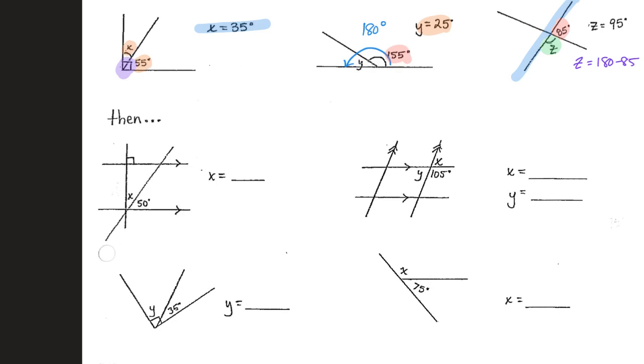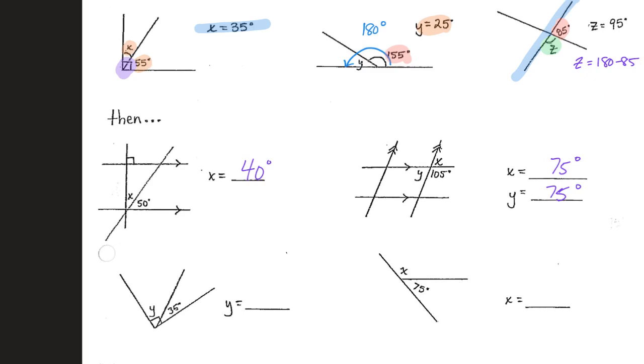And so as a quick check, we should have been pretty good to be able to get 40 degrees for X on the first diagram. Pretty good to be able to get, okay, well, I've got 75 and 75 for both X and Y on that second diagram. Okay, why?